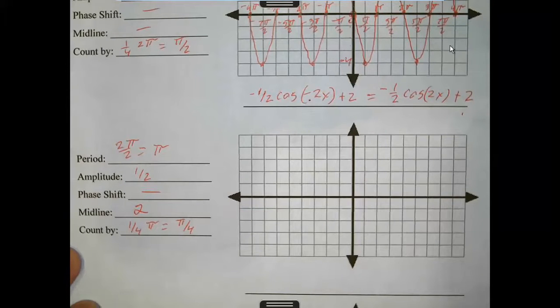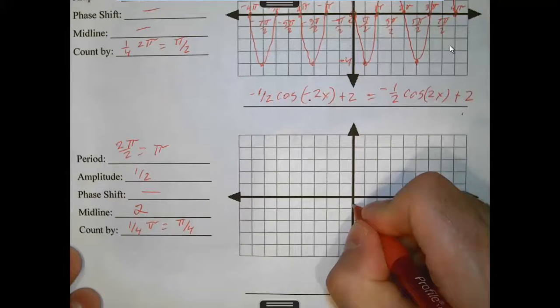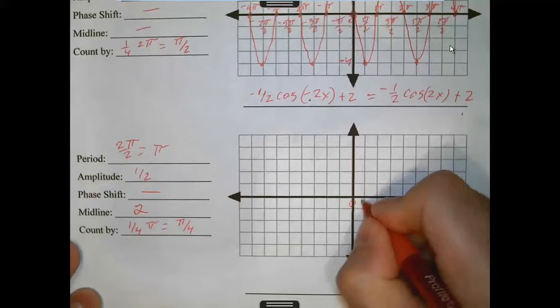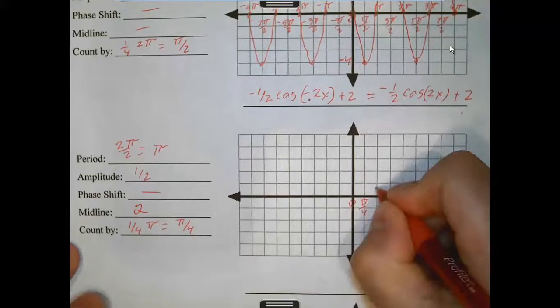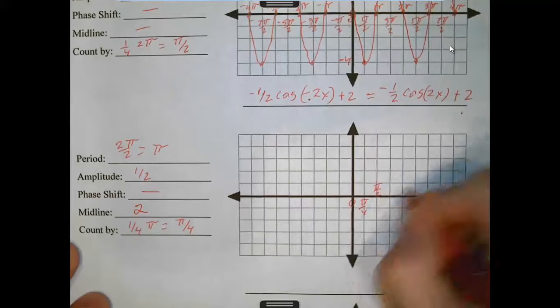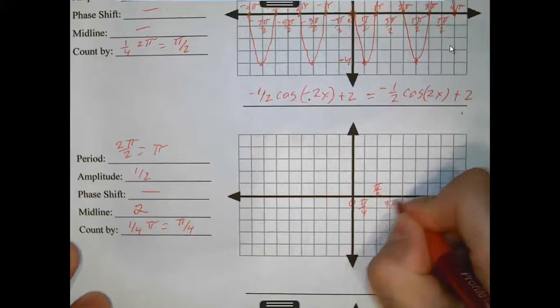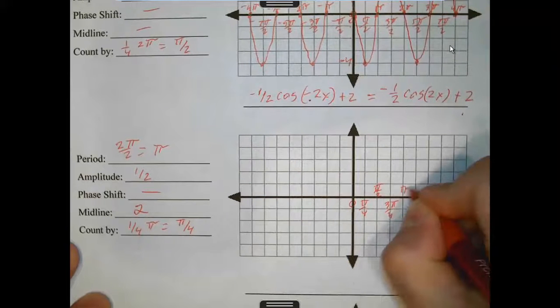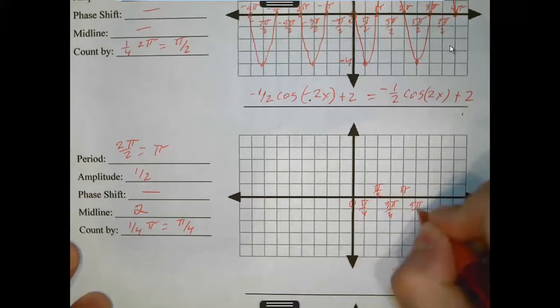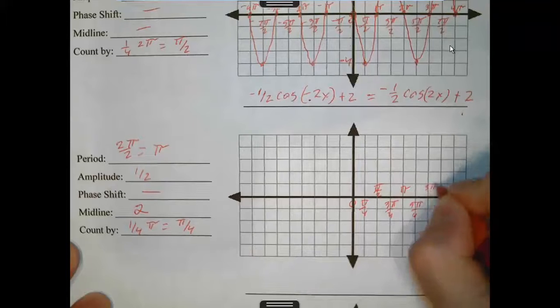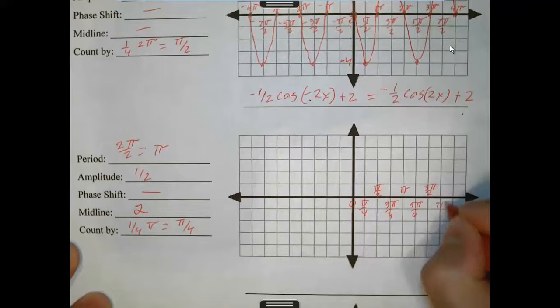Okay, so I'm going to hold off on writing my amplitude right now. I'm going to do my x values first. So I have 0, pi over 4, 2 pi over 4 is pi over 2, 3 pi over 4, 4 pi over 4 is pi, 5 pi over 4, 6 pi over 4 is 3 pi over 2, 7 pi over 4, 8 pi over 4 is 2 pi.